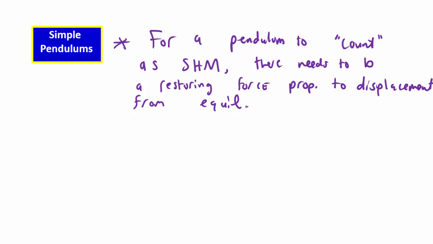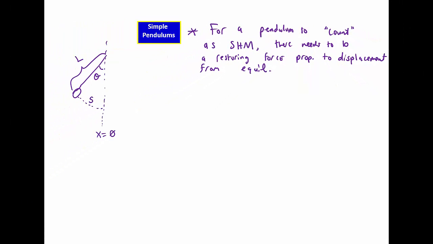So as I pull this back here, there has to be some force that increases as there's more and more displacement. It has to be proportional. So when I pull it back here, what is the restoring force?